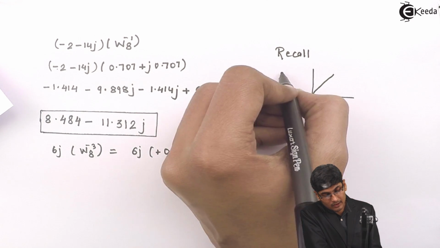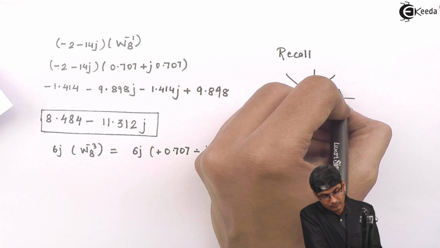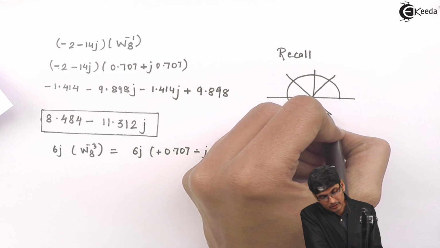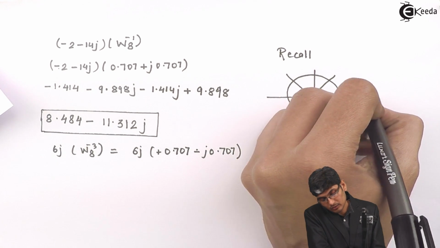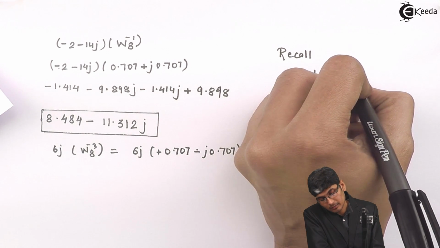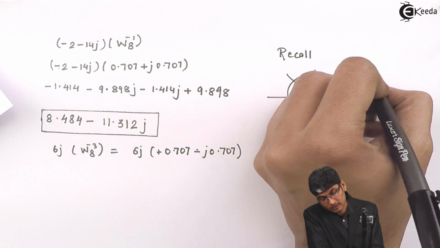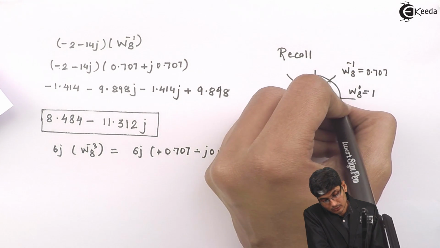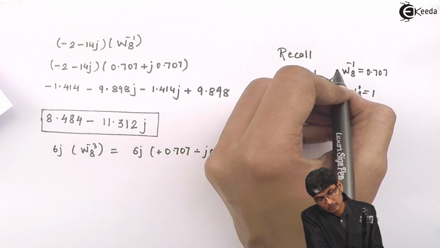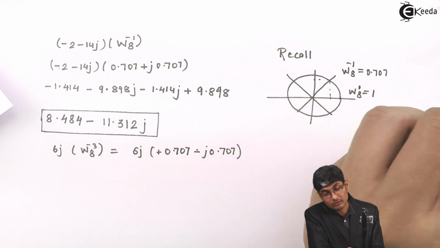when you divide a circle into 8 equal parts, let us say this is my circle which is divided into 8 equal parts. This is my W8 raised to 0, which is nothing but 1. This is my W8 raised to minus 1, which is nothing but 0.707 minus J 0.707, because if you drop down the perpendiculars, then by Pythagoras you can find the point.